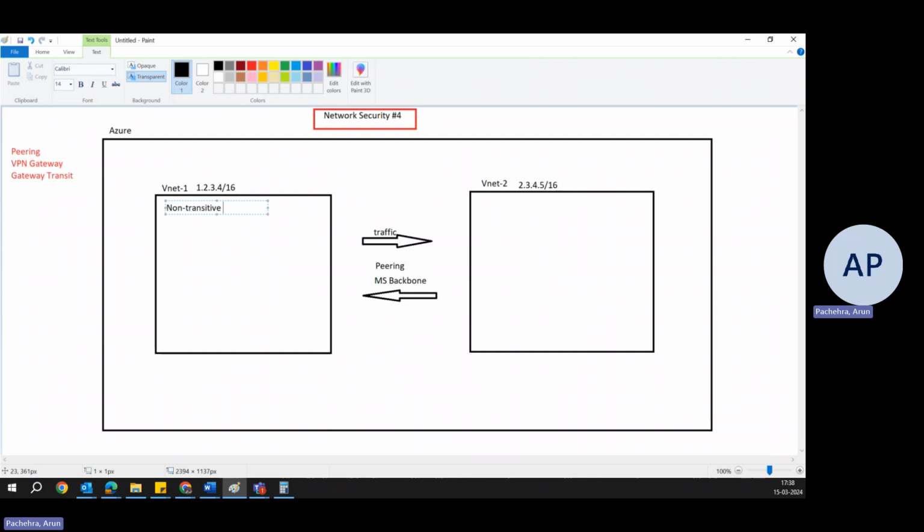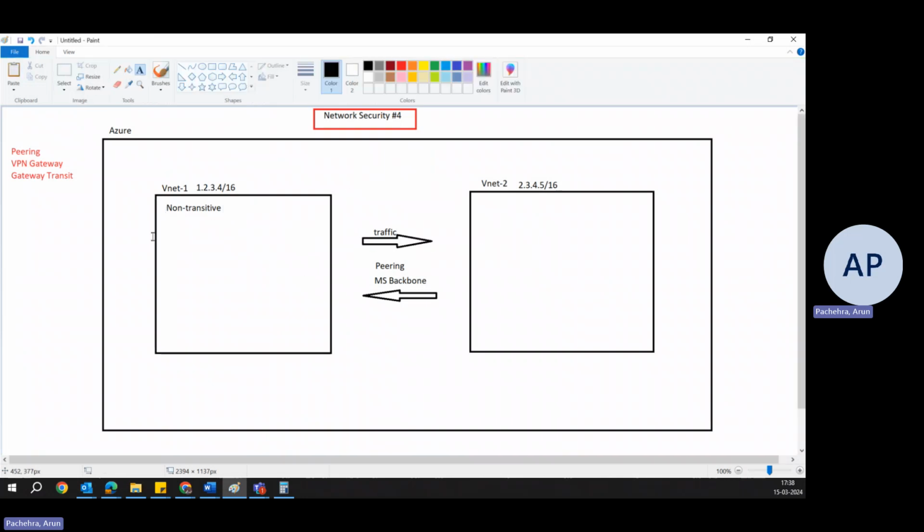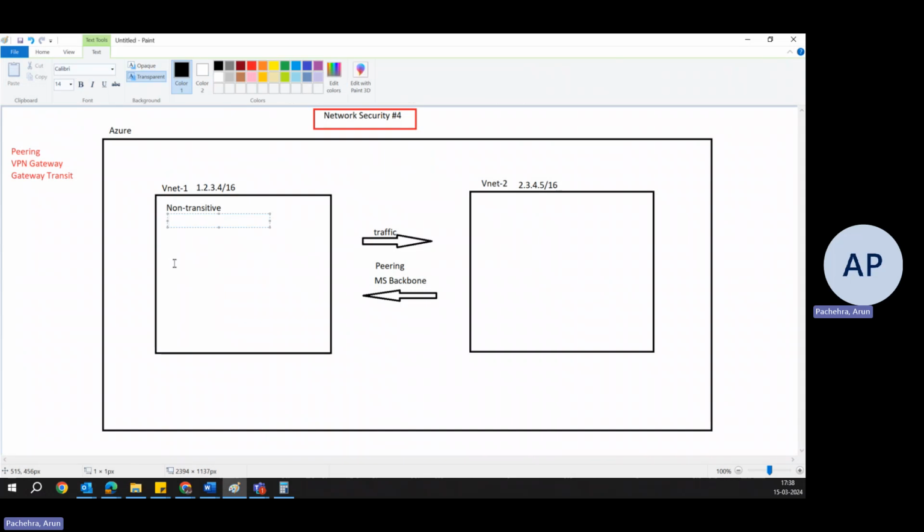So by peering VNets, we are essentially merging them for connectivity purposes, allowing resources in each VNet to communicate with each other as if they were in the same virtual network. Yes, that's very important. As if they were in the same virtual network, which simply means high bandwidth and low latency.